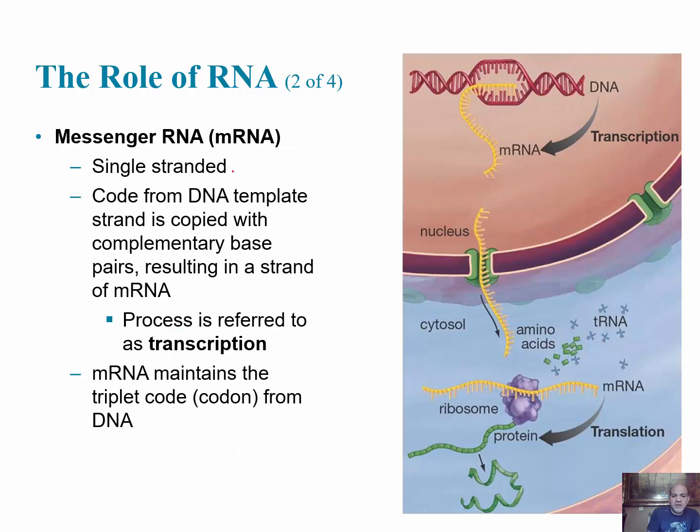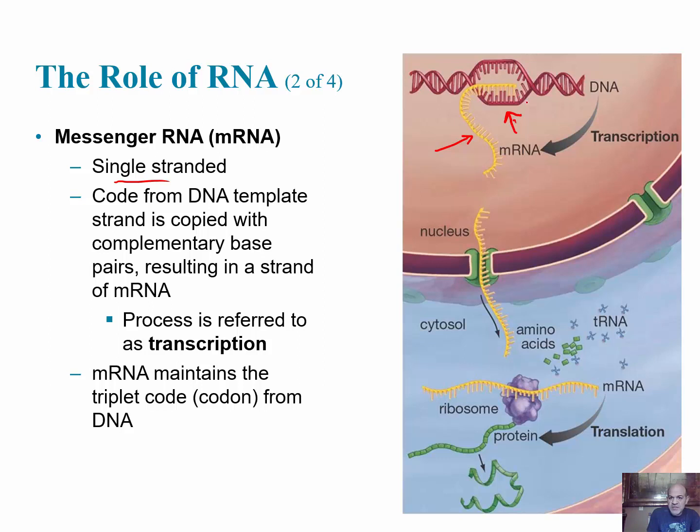So what are the different RNAs? We'll start with messenger RNA. It's a single-stranded piece of RNA, and it basically takes the code from the DNA template and copies it onto the mRNA. When the DNA is pulled apart, we're going to read a template strand. Looking at the image here at the top right, we pull apart our DNA, and one of the strands is going to be used to make your mRNA, which is this yellow molecule here.